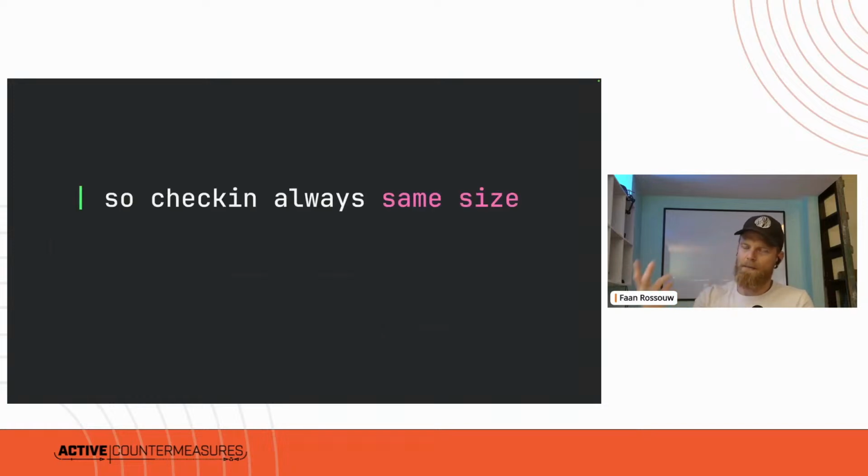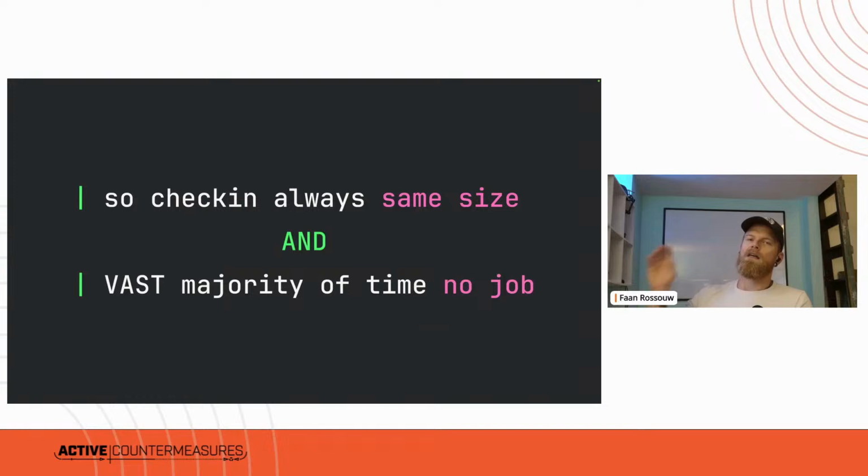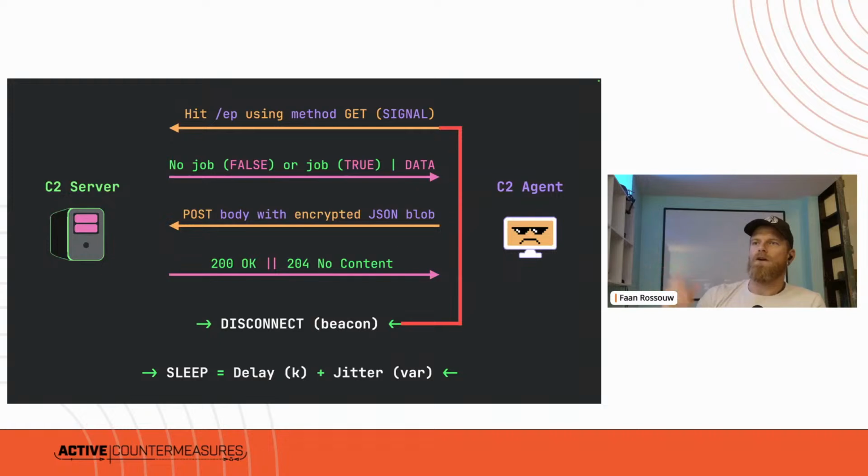But now I want you to combine that with another fact, kind of a truism, which is that for the vast majority of the check-ins, the server will say, I don't have a job for you. Like the vast, vast majority. We could say 90, 95, 98, 99% plus of the times, the server will say, don't have a job for you, go back to sleep, basically. So now let's look at our diagram.